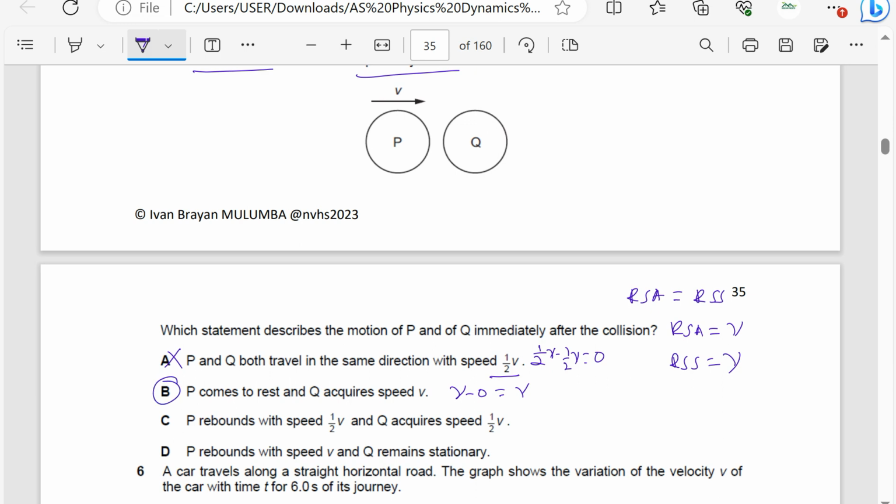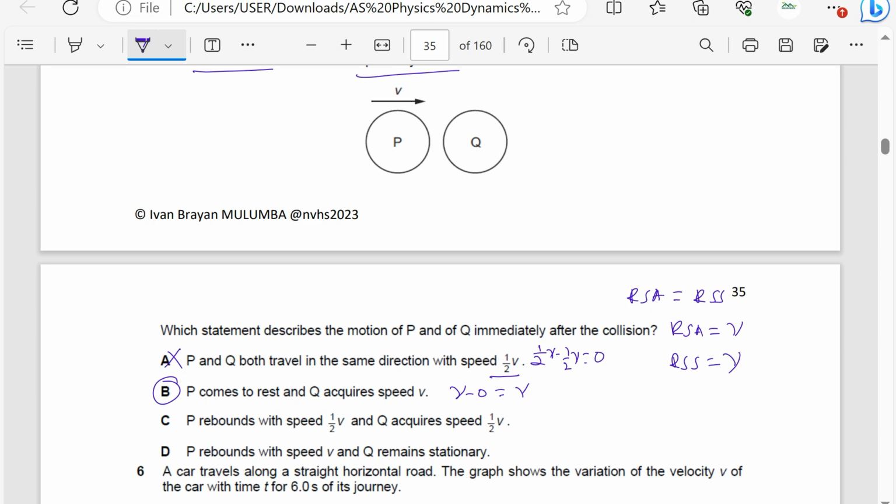We can check: P rebounds with the speed a half v and Q acquires speed a half v. That means P's velocity is going to be negative, and Q acquires speed a half v. That would mean it has given half to the other one and it has remained with the half.